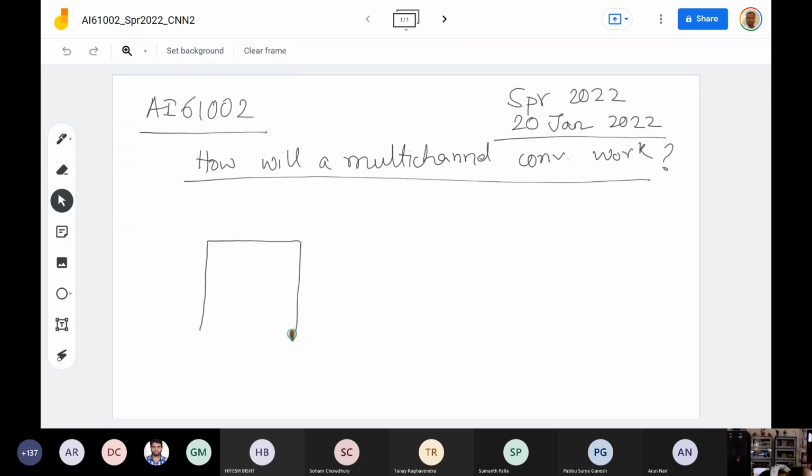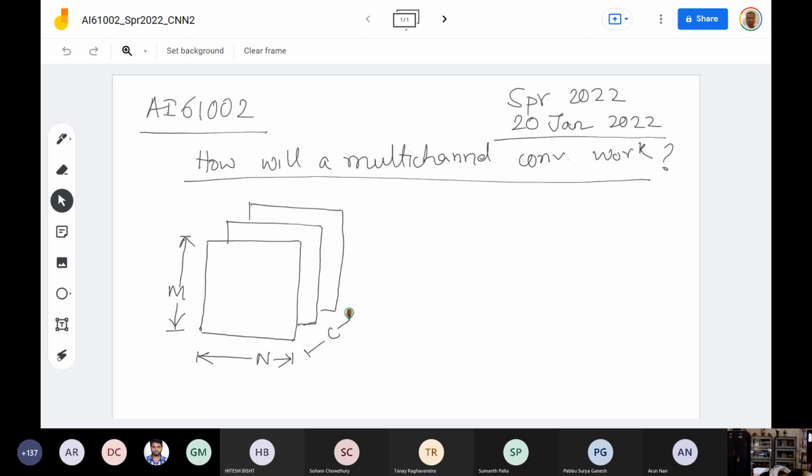So say I have an image, a color image. Now a color image typically is represented by a 3-channel matrix. So you have the number of rows, which is M, the number of columns, which is N, and over here you have C number of channels.